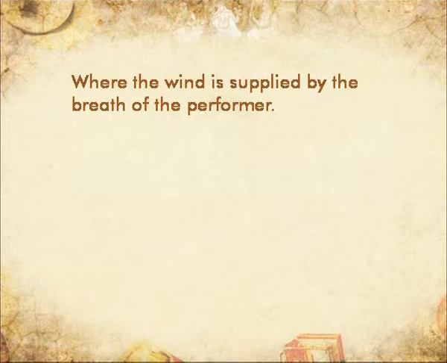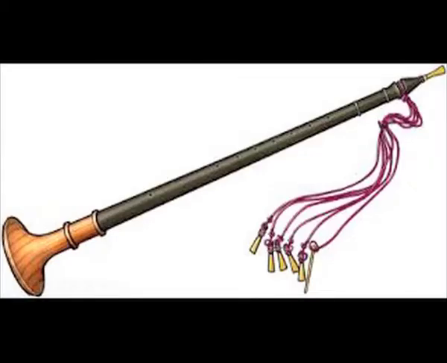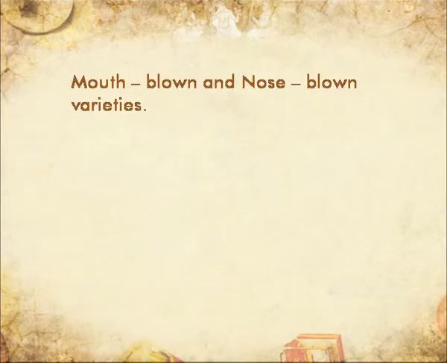B. Those wherein the wind is supplied by the breath of the performer. Example, flute and nagaswara. These are called mukhavadhyam. Here again we have the mouth blown and nose blown varieties.